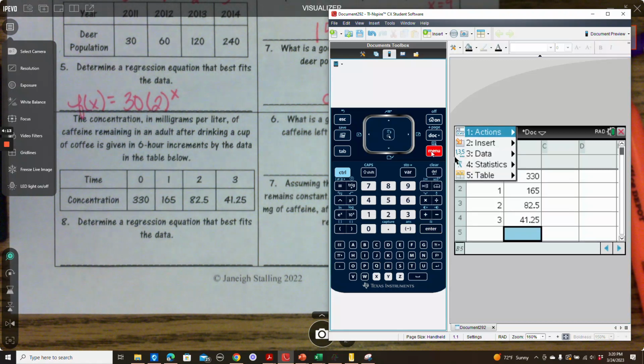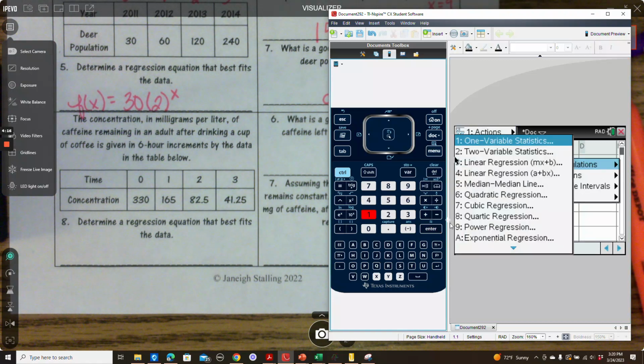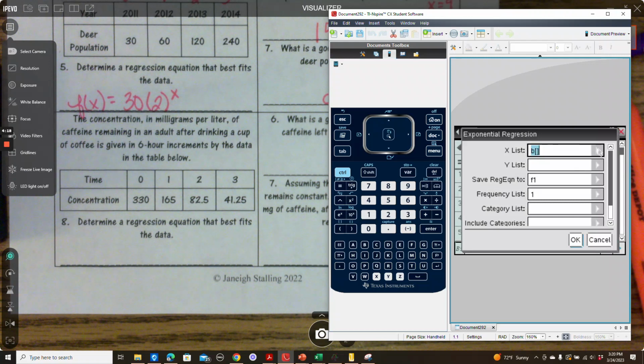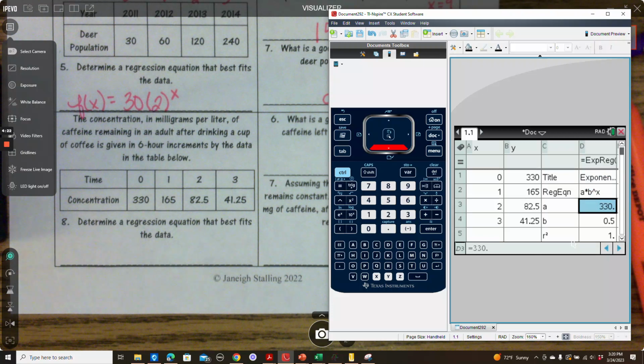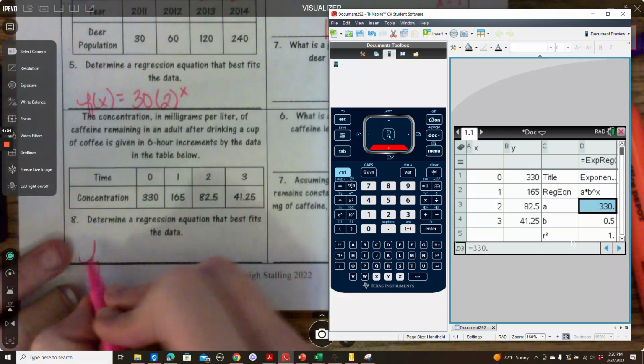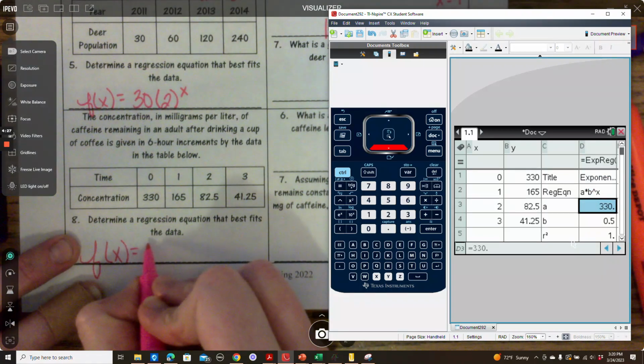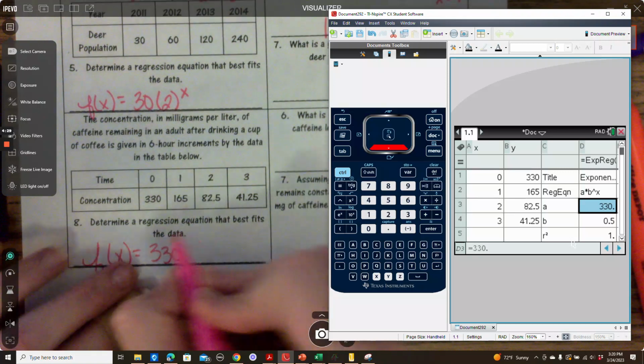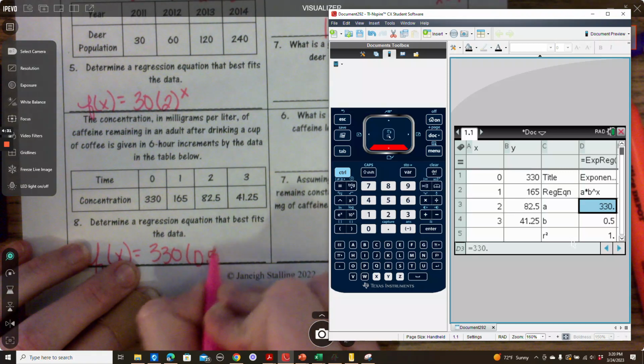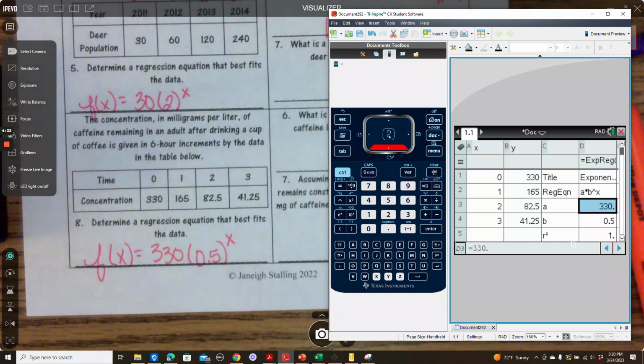All right, menu 41A. X list is X, Y list is Y, and then there's my values. So f of x equals 330 times 0.5 to the x.